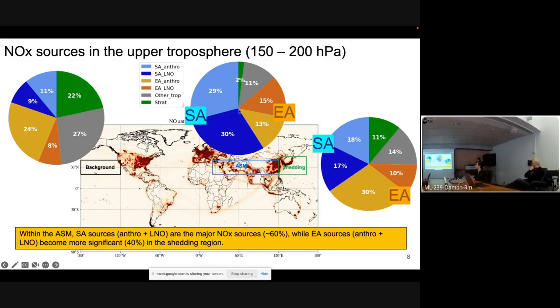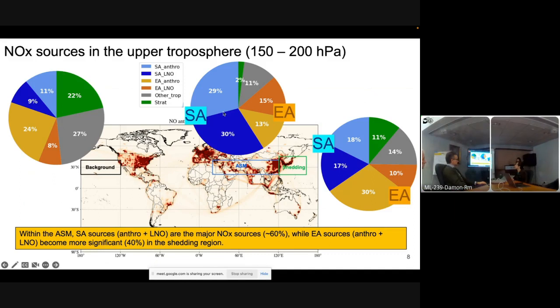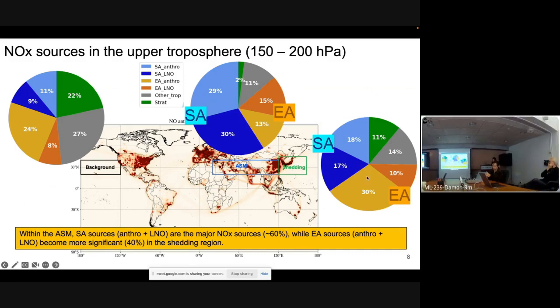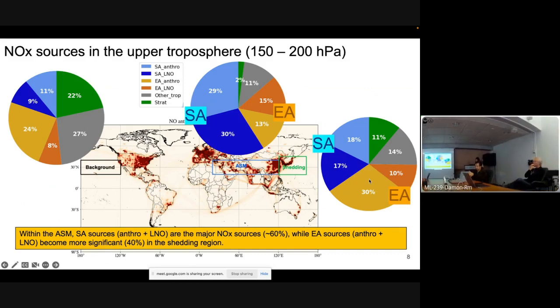So we can see that within the monsoon region, the South Asia sources, including the anthropogenic and lightning, are the major NOx sources, accounting for about 60%, while the East Asia sources become more significant in the shedding region, which is 40% more than the contribution from South Asia.